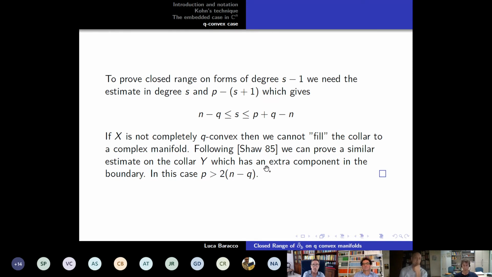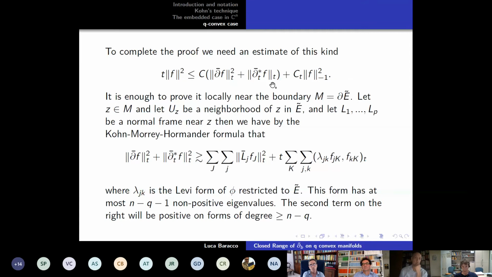So when we exploit the Kohn-Morrey-Hörmander formula, we have a boundary integral whose sign is the opposite of the one of M, and to control that we need to take advantage of this term here and to perform some integration by parts.